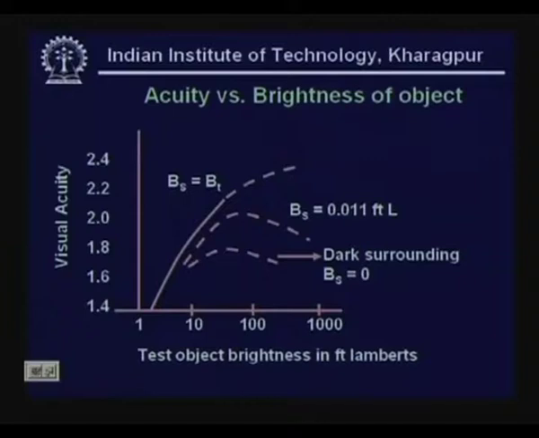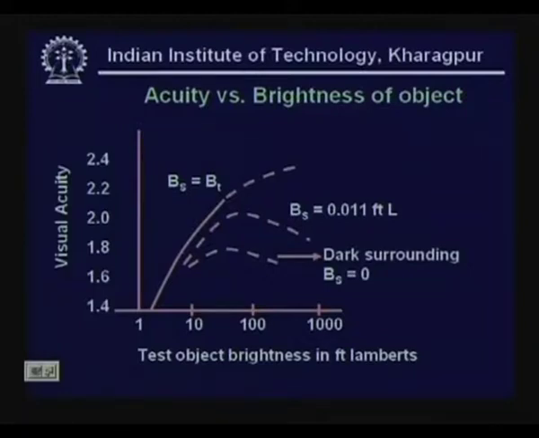We find there are three curves here. The first one, the bottommost, corresponds to B sub s equal to 0, meaning it is a dark surrounding, brightness of the surrounding is negligible, and you do find the acuity is around 1.8, but it is still not high. That corresponds to somewhere close to 100 foot lamberts of the test object.